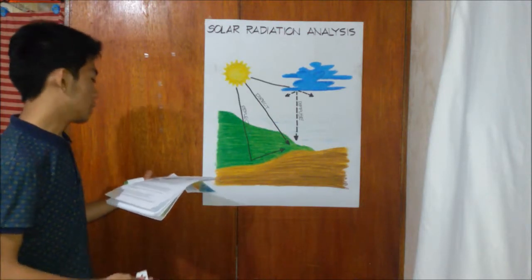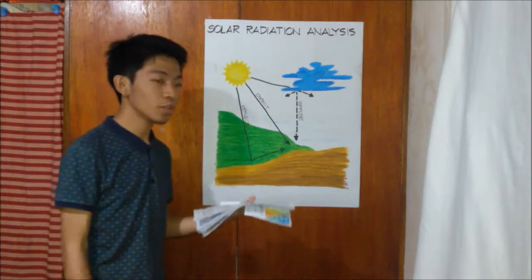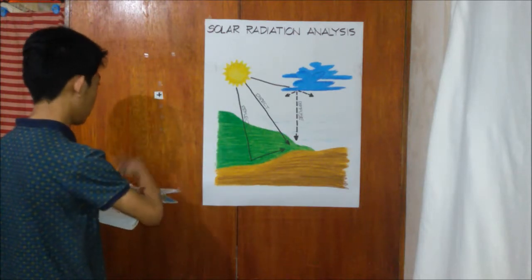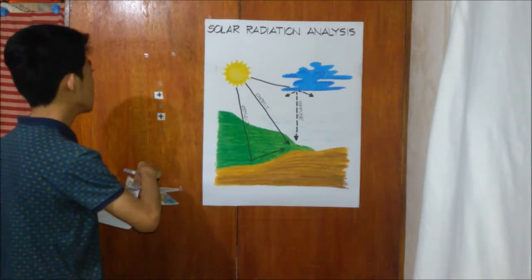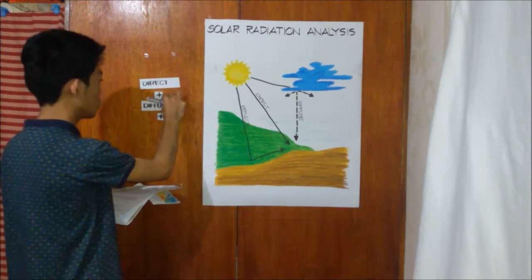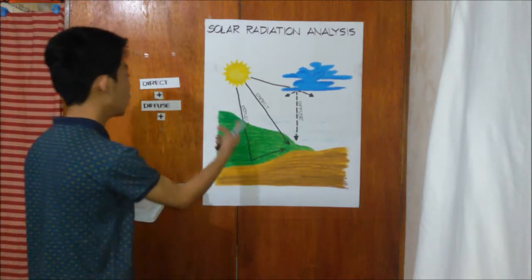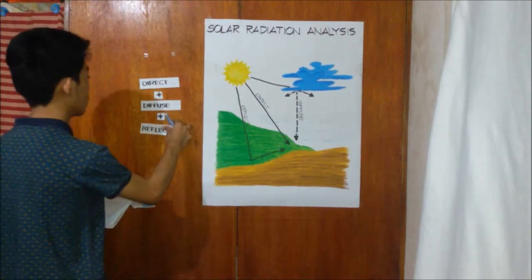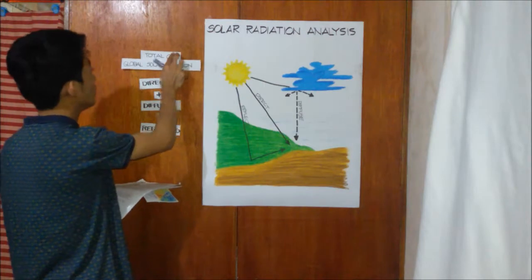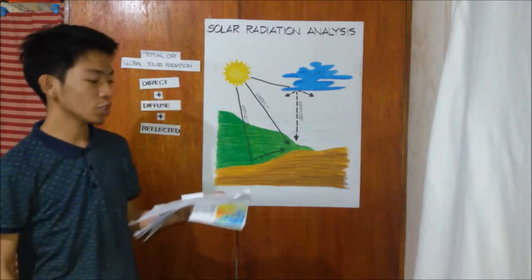To solve the total or the global solar radiation, it is the summation of the direct, the diffuse, and the reflected.